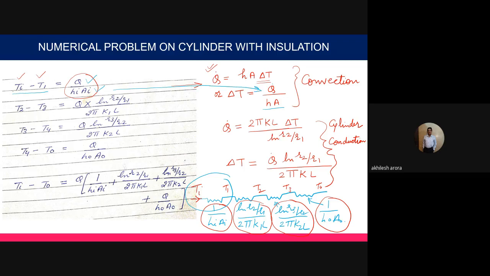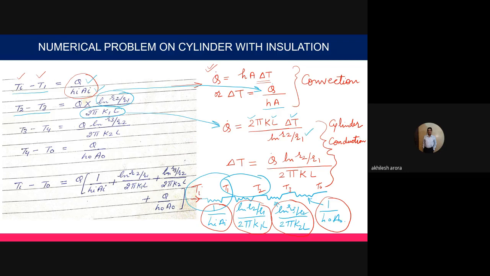And when we talk about the next resistance, this is between T1 and T2, I can always write T1 minus T2 is equal to Q dot into log natural R2 by R1 divided by 2 pi K1 L. And this is based on this equation for the heat transfer through a cylinder, which is given by Q dot is equal to 2 pi KL delta T divided by log natural R2 by R1.